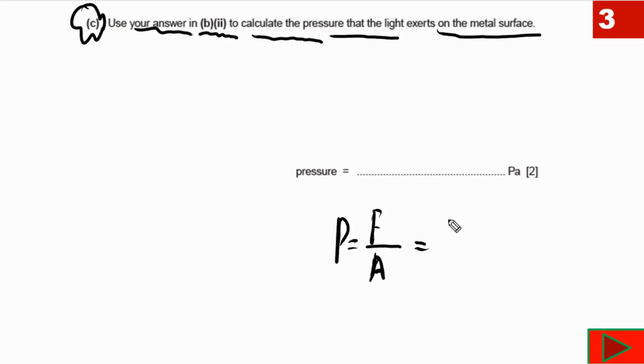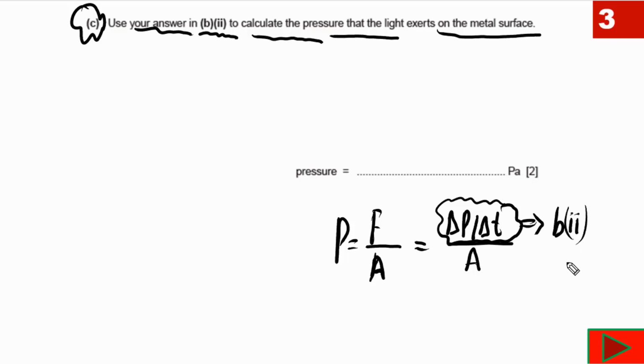Force is equal to the rate of change of momentum, so delta P over delta T, and delta P over delta T we have already calculated in part B2.